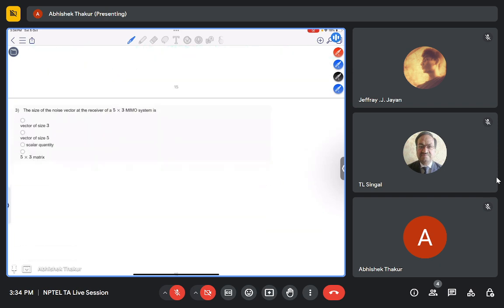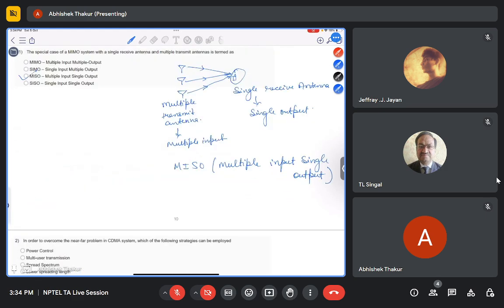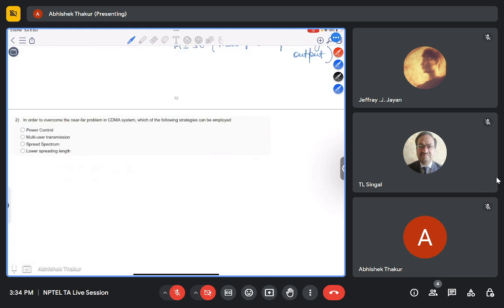So now we will solve our question. In order to overcome the near far problem in CDMA system, which of the following strategies can be employed?